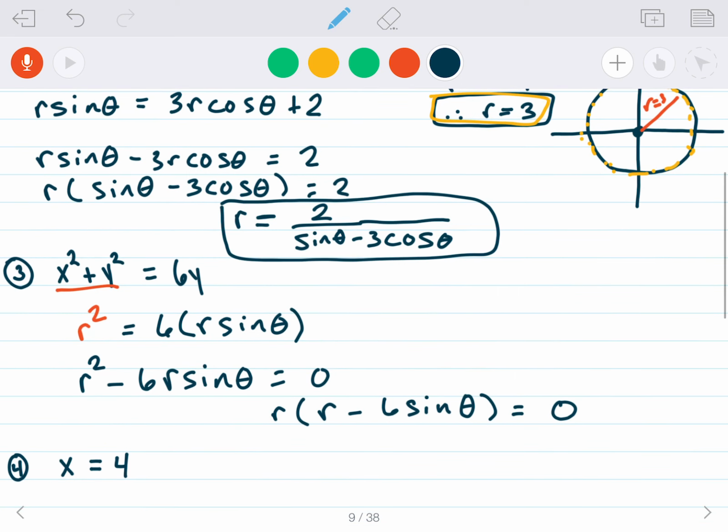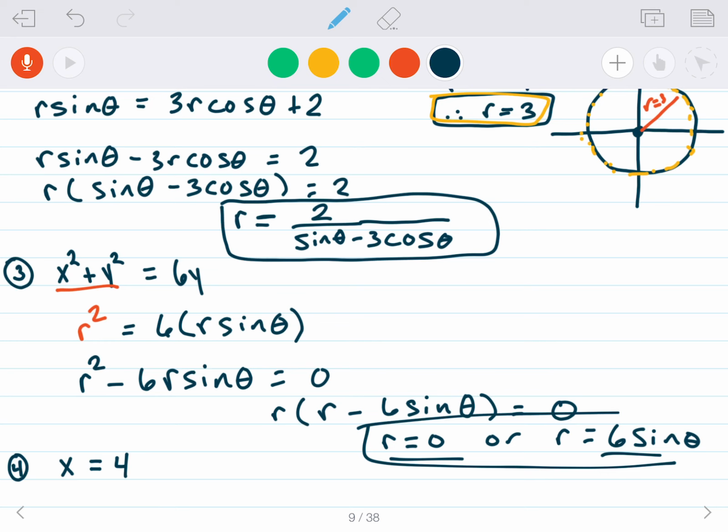So you have two choices here. You can say, okay, r equals 0, or if I set this piece equal to 0, I get r equals 6 sine theta. All right, so that's how I can represent this region right here in polar coordinates.